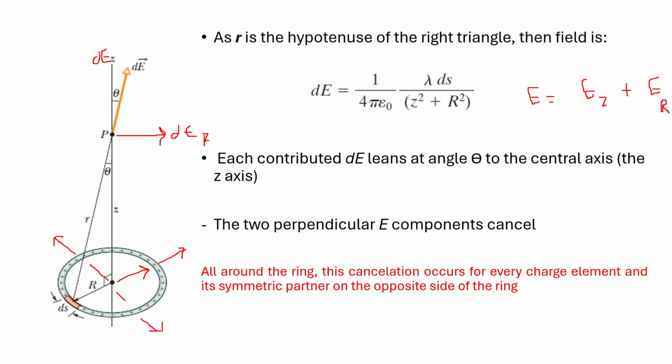From there, we can conclude that all around the ring, cancellation occurs because every charge element has a symmetric partner. So here and here will cancel out also because of symmetry. The electric field from here and here also will cancel out. So these are all these charge elements, and the electric field produced by this charge element.